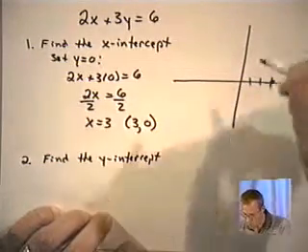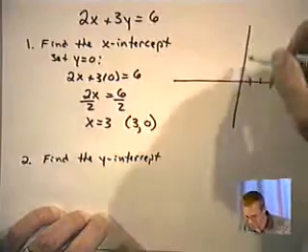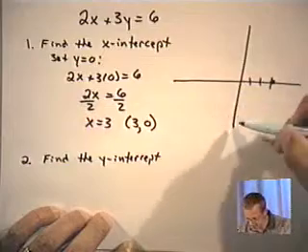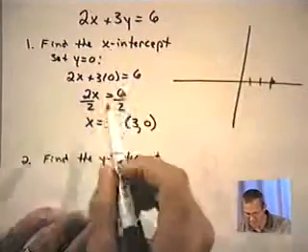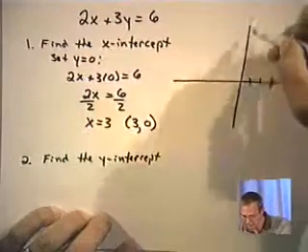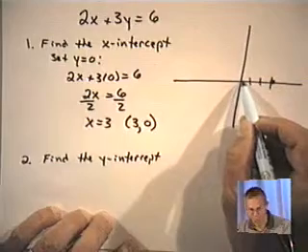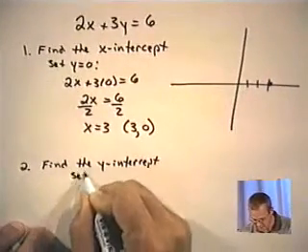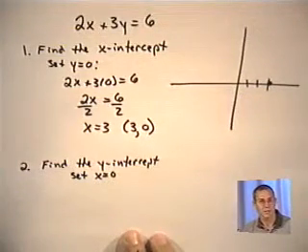Now, the y-intercept is somewhere on the y-axis. So we have to ask ourselves, what is the x-coordinate of any point on the y-axis? Well, just like for the x-intercept the y was 0, on the y-intercept, the x-coordinate is 0. So to find the y-intercept, we simply set x equal to 0, and we'll find the corresponding y-coordinate.